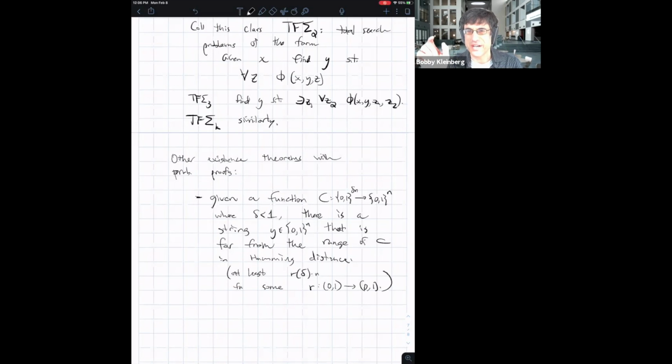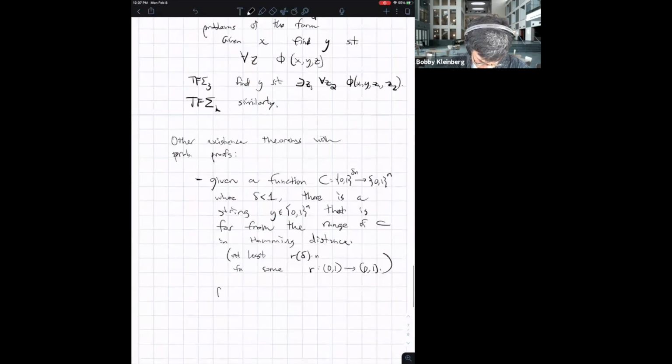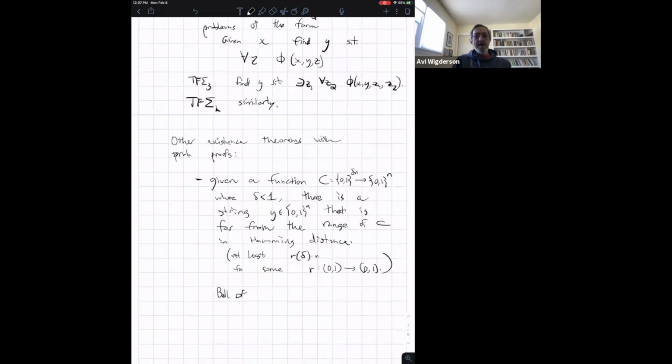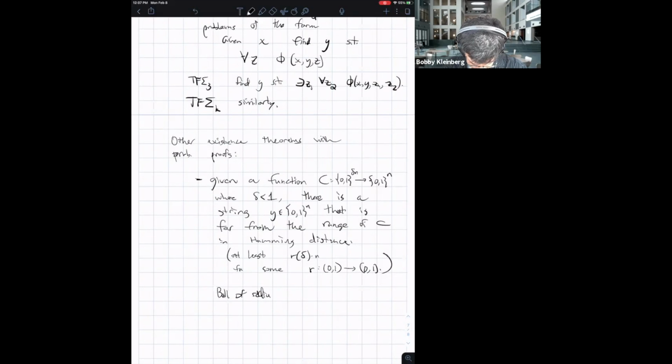How do we figure out what this radius is? You use the union bound. We know that the size of a Hamming ball of radius Rn has about 2 to the binary entropy of R times n elements.